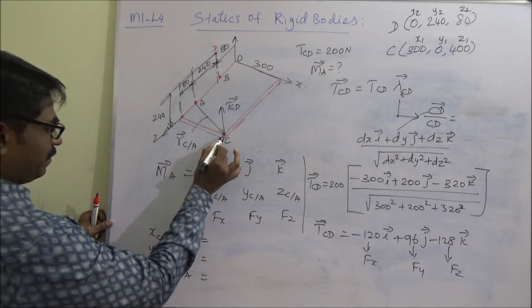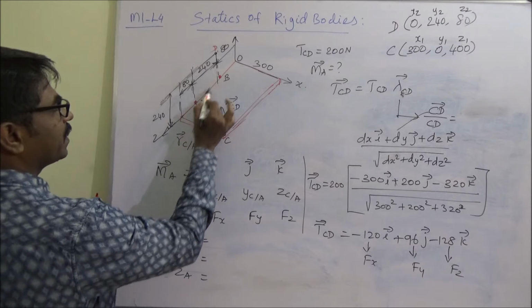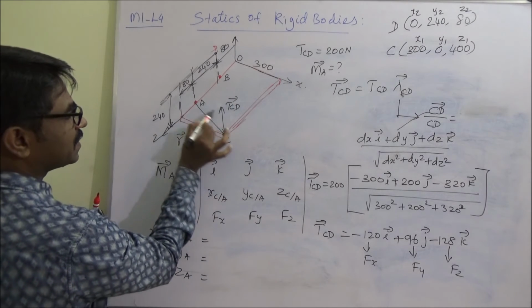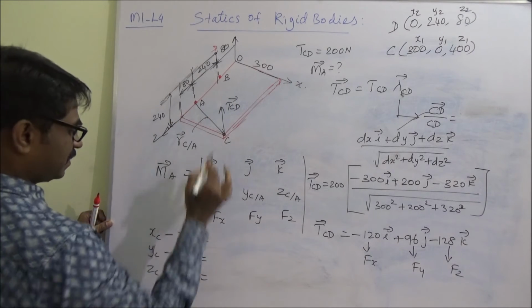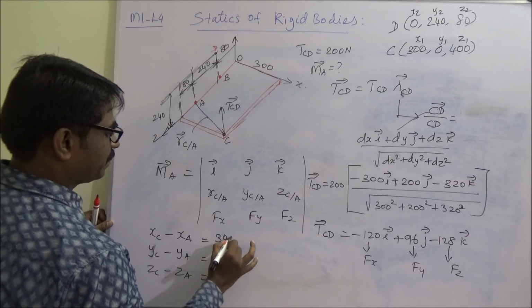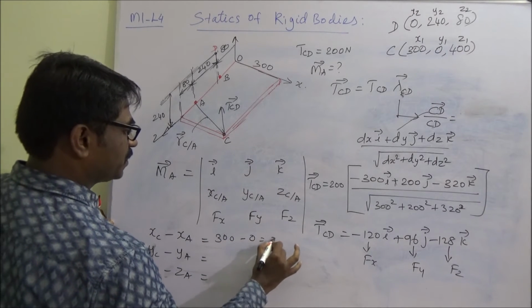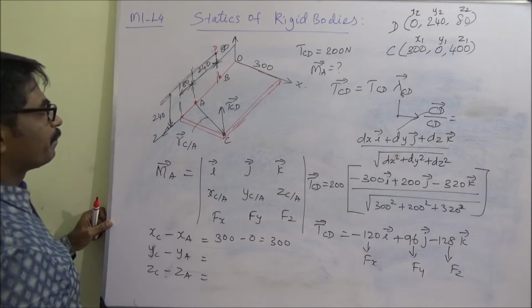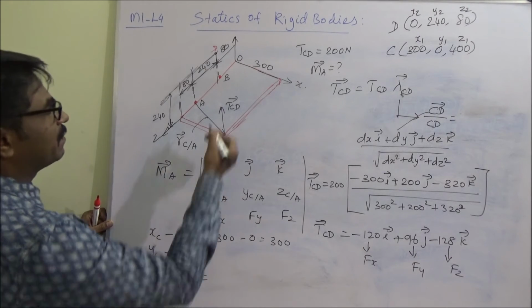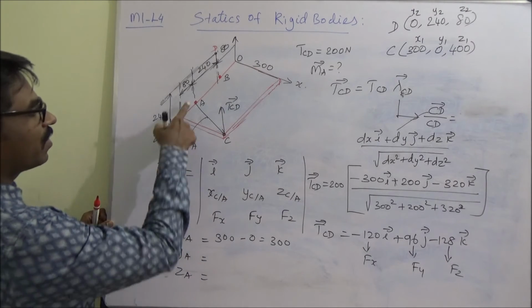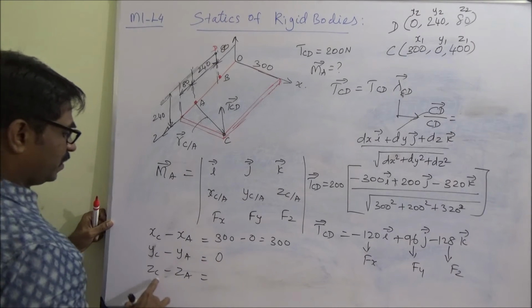So xc minus xa, a is here, so this distance, so 300 minus 0 is 300. For y, c and a are in the same line, so it is 0.